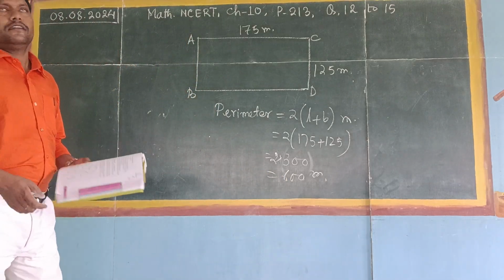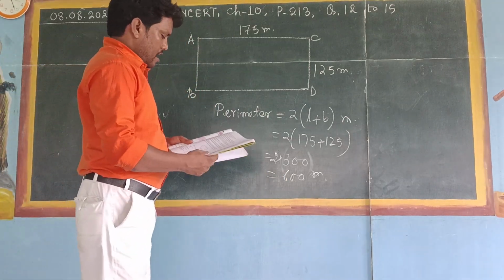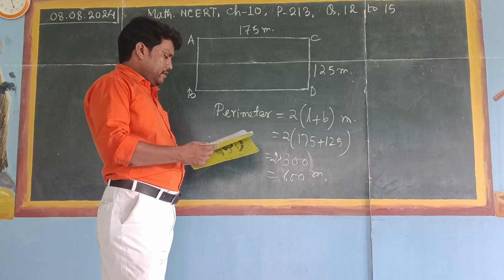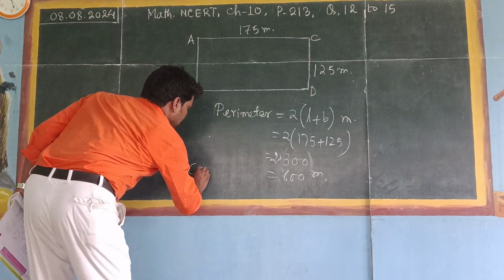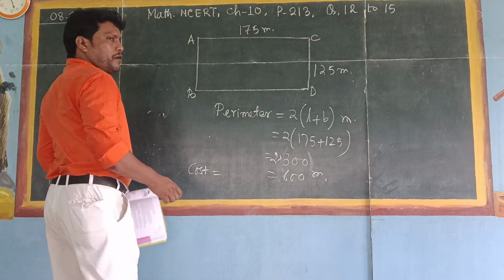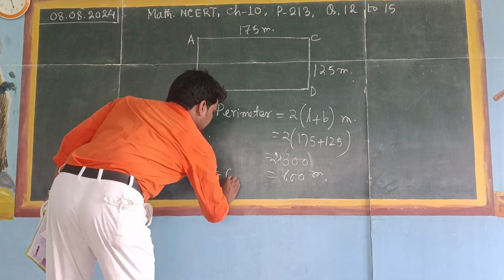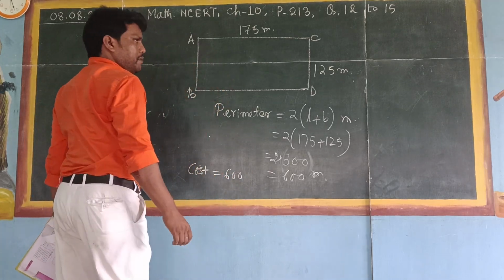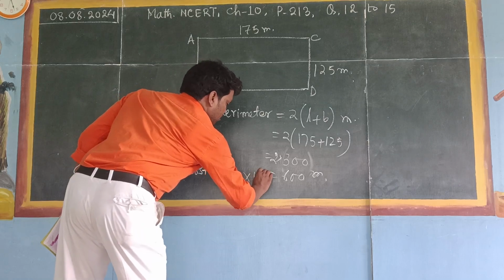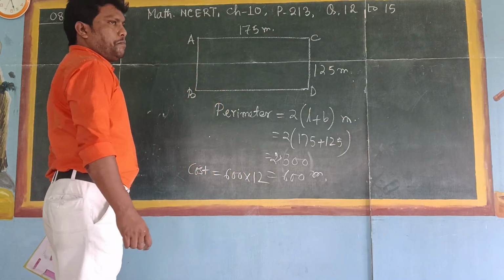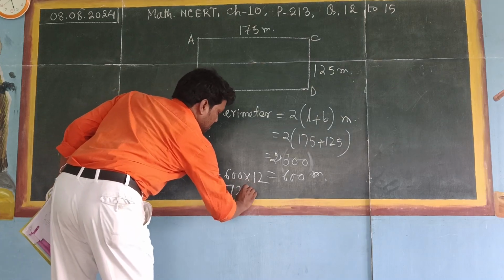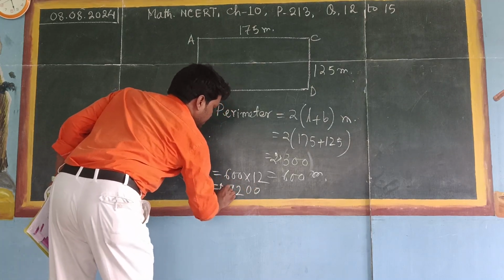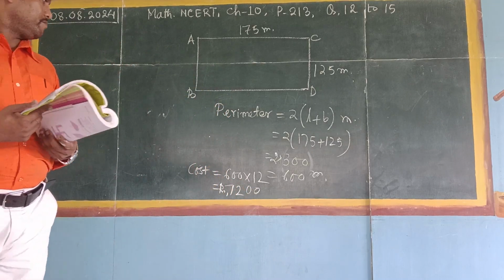600 meter. Now in this case, what will be the cost for fencing per meter? 12 rupees. So cost for fencing: 600 meter is the perimeter, and for each meter 12 rupees, that means rupees 7,200.